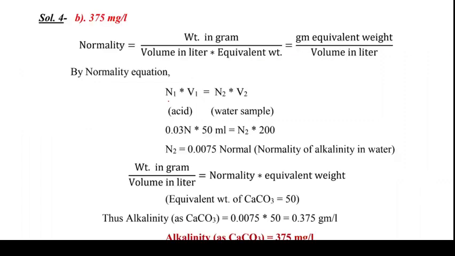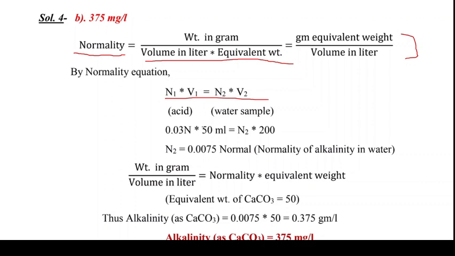So this is our solution. Normality. Equivalence point problems are solved using normality, not molarity. That's why I asked you to consider that H2SO4 is giving 2 H plus. Normality is equal to weight in grams divided by volume in liters multiplied by equivalent weight, which is equal to gram equivalent divided by volume in liters. So the normality equation is N1V1 is equal to N2V2.